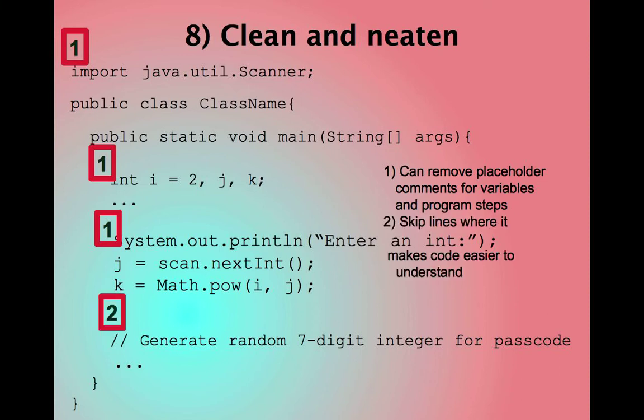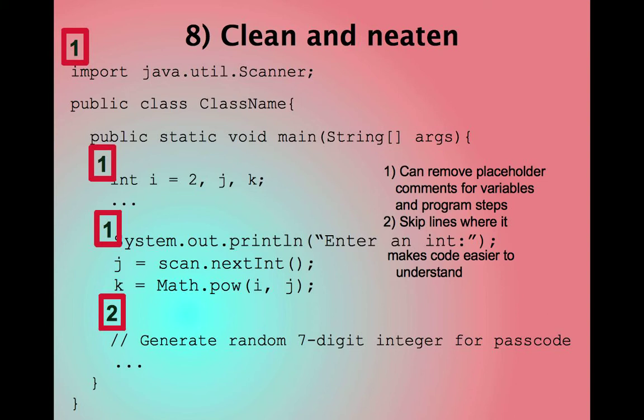Furthermore, you can skip lines in your code in order to make it easier to understand. Now, obviously, we do not want to skip between every single line, but sometimes there will be certain sets of statements that hang together and are related conceptually.